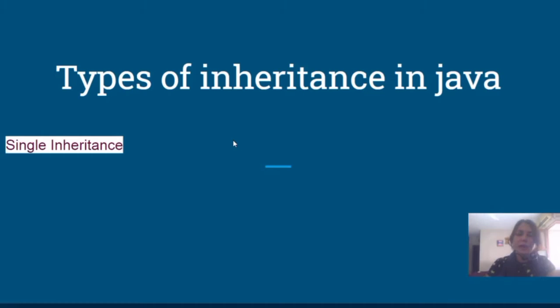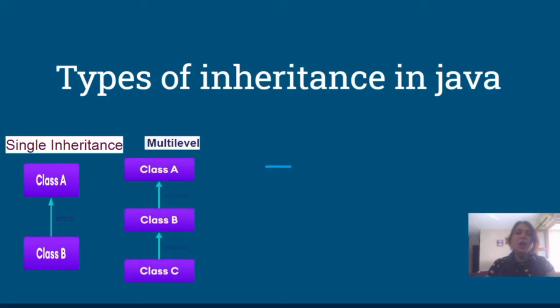We have seen single inheritance, where one class is derived by another class. Then we saw multi-level inheritance, where one class is derived by another, and again the child class is derived by its own child class. In this way we have seen multi-level inheritance.